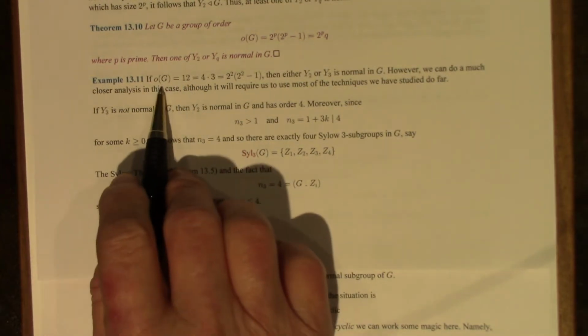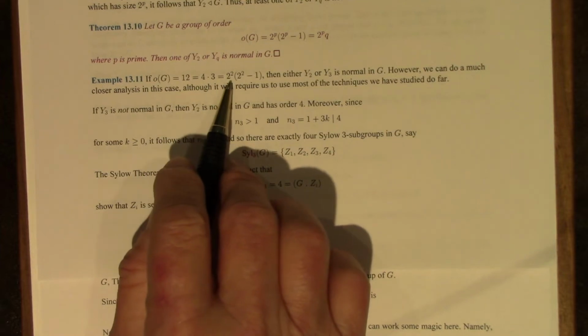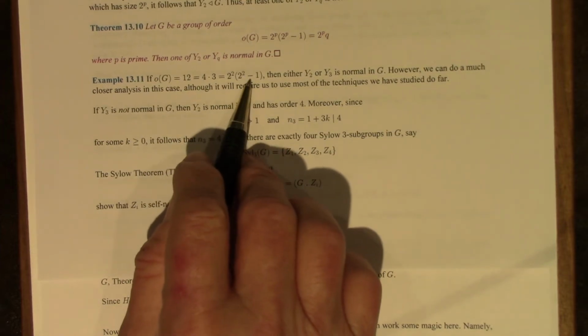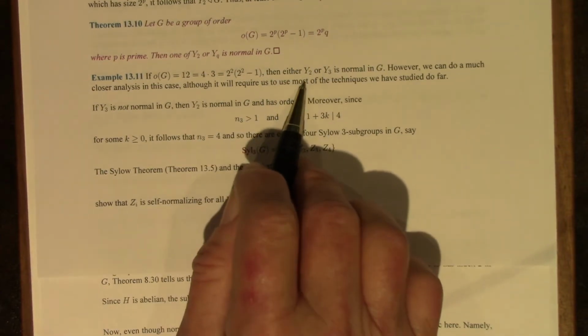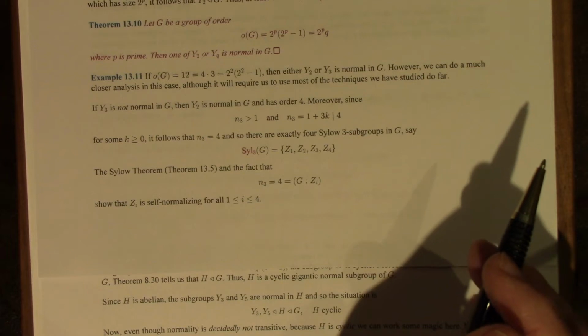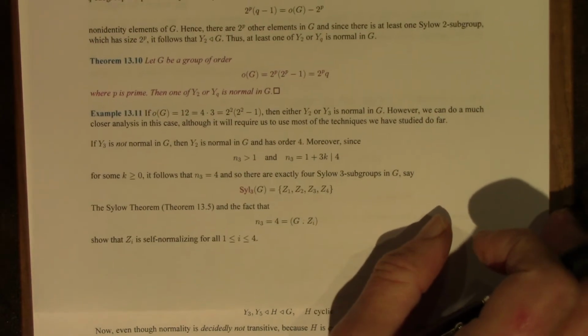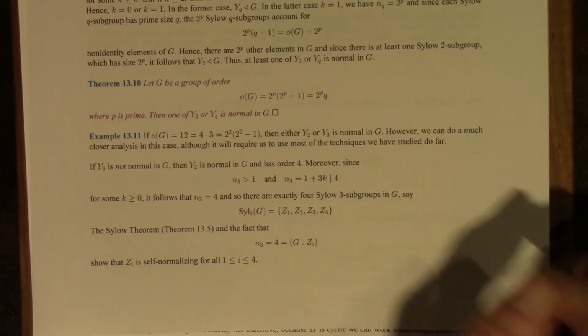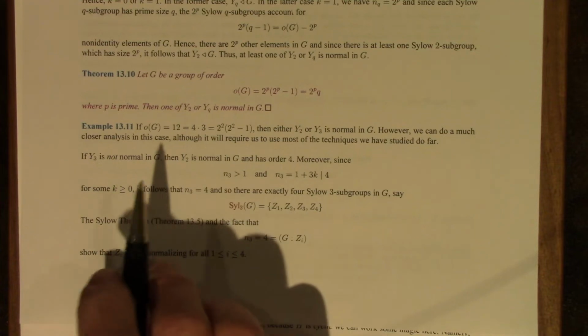Example, suppose the order of G is 12. That has this form. It's 4 times 3, so it looks like this Mersenne prime times 1 bigger than that. Then either Y2 or Y3 is normal in G. But we can do better than that, although it's going to require using most of the techniques we've been discussing.